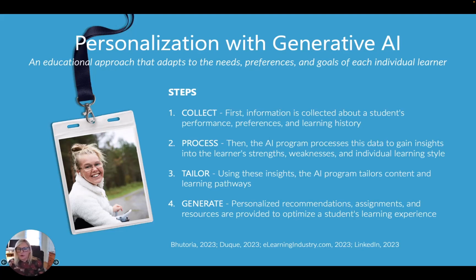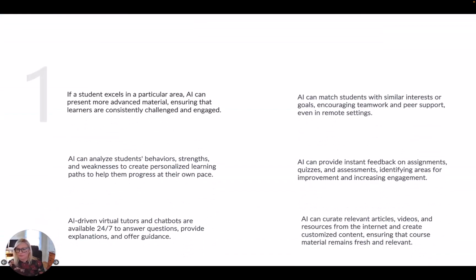Then the AI program processes the data to gain insights about strengths, weaknesses, and learning styles. And then using those insights, it tailors content and learning pathways, and then recommends assignments, resources to optimize the student's learning experience. So the more it knows, the more it can tailor learning and help that student progress to the next level.